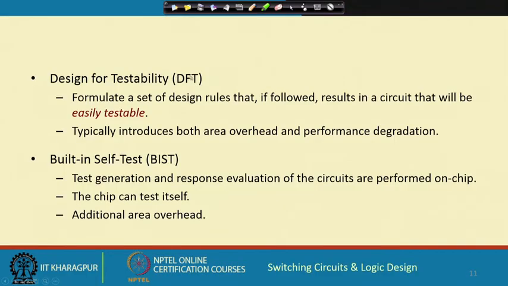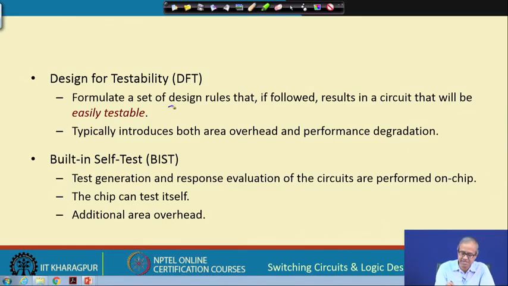So, design for testability or DFT in short, consists of a set of design rules which, if you follow during design, will make a circuit easily testable. This is the basic idea. Of course, if you do this, there will be some additional overheads that will come in. We shall look at one of the techniques later.